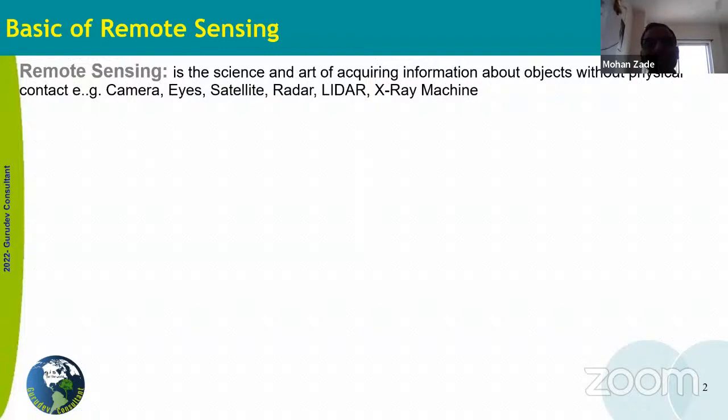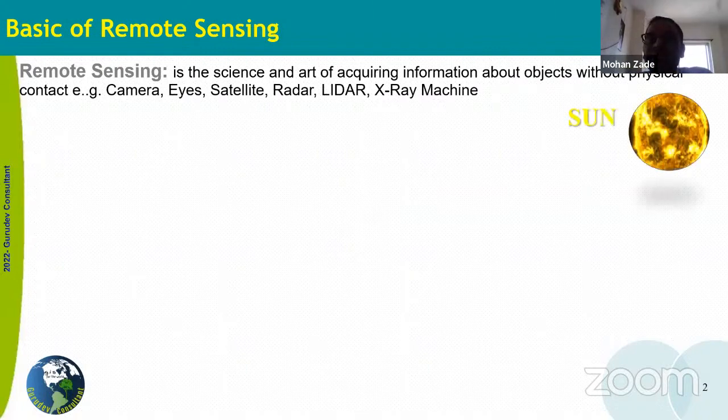So it is a combination of the science and art of acquiring information and making analysis of that object without physically coming in contact. The most common examples are our cameras. Even our eyes are remote sensing, and satellites, radar, LiDAR, X-ray machines. These all come under the remote sensing sector.